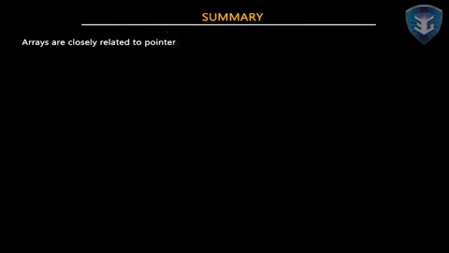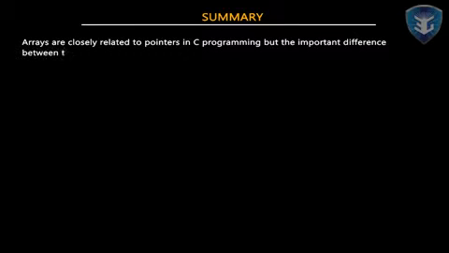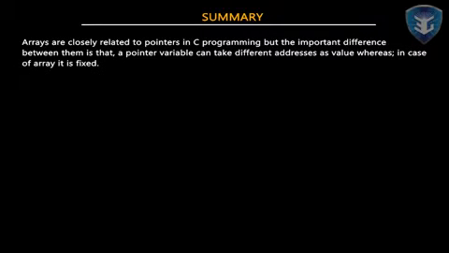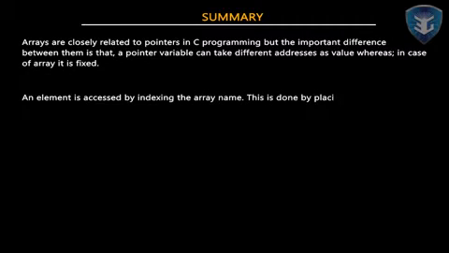Now in the end, let us summarize what we have learned in this lecture. Arrays are closely related to pointers in C programming, but the important difference between them is that a pointer variable can take different addresses as value, whereas in the case of an array, it's fixed. An element is accessed by indexing the array name.